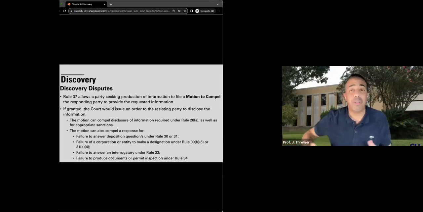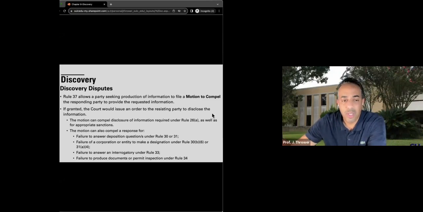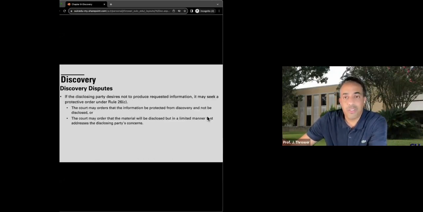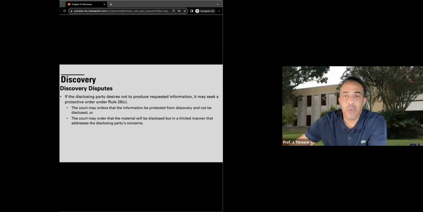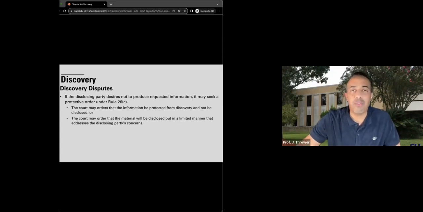A motion to compel can also be filed for failure to answer an interrogatory under Rule 33, or for failure to produce documents or allow for an inspection under Rule 34, like we just discussed. If the disclosing party, again, desires not to produce the requested information, then that party can seek a motion for protective order under Rule 26(c).